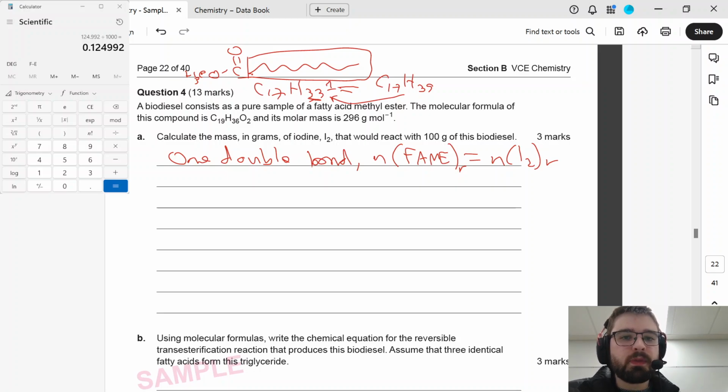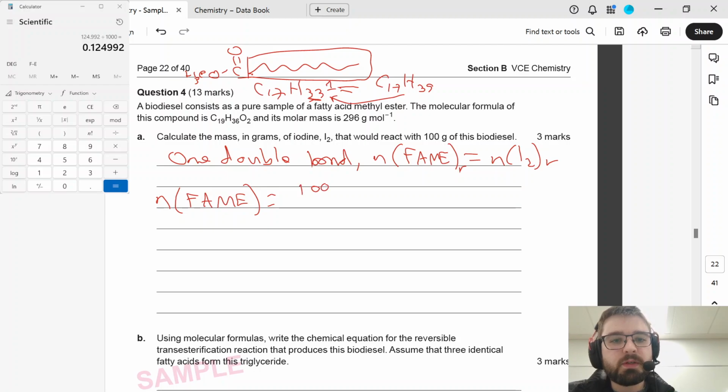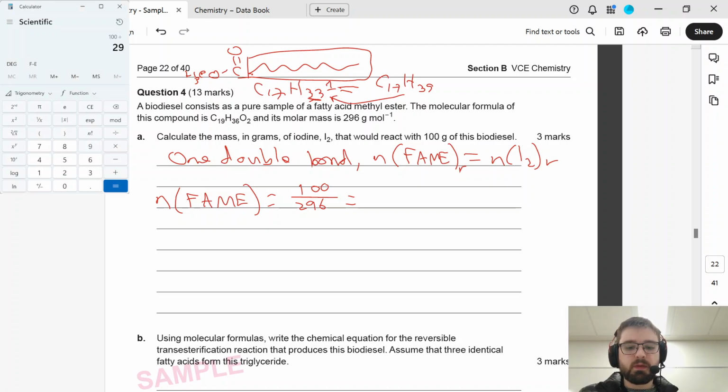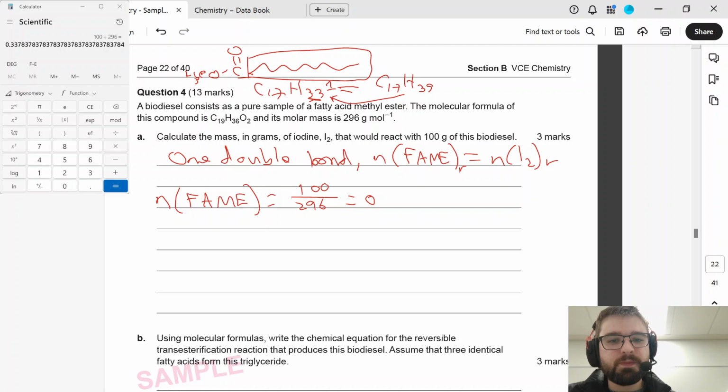Okay, so we've got 100 grams of it. So basically the moles of the FAME is going to equal the mass, which is 100 grams, over its molar mass, which is 296, which is going to be equal to 0.338. The amount of iodine is going to equal the amount there, which is going to equal 0.338.